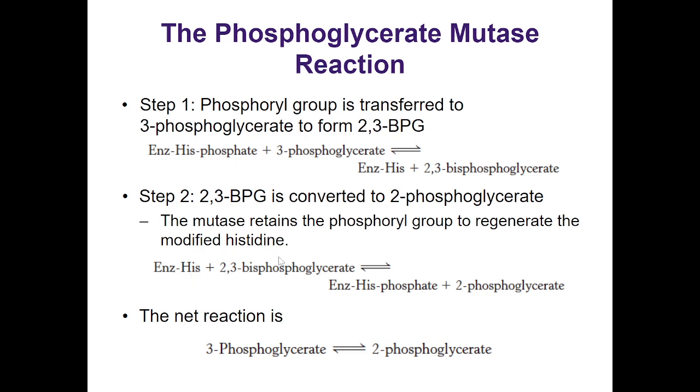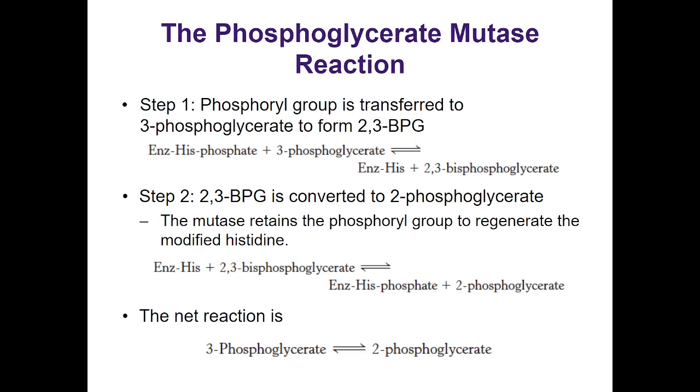We have our 2,3-bisphosphoglycerate, excuse me. This is then going to be taking that phosphate from that group. This will leave us with the 2-phospho left on there. Notice that because of that, we now went from 3 to 2. What a weird way to do it, right?